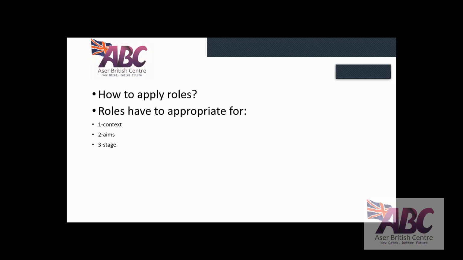Are we in the lead-in phase or warm-up phase, language input, or getting the feedback? And of course, according to the age, you must know that some certain roles do not apply to kids, but they apply more for adults or teenagers.